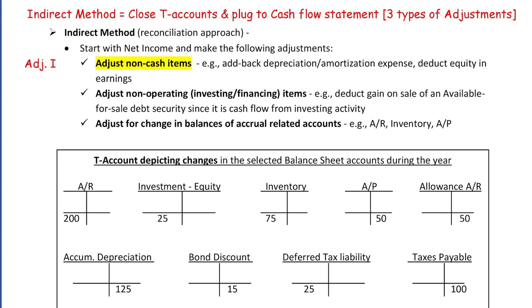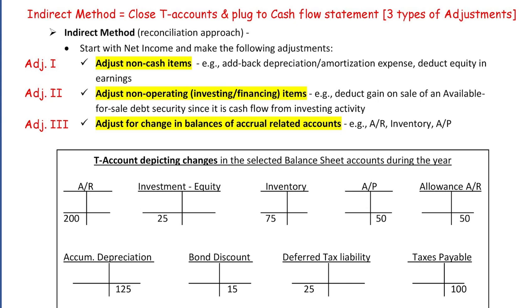So you're looking at depreciation, amortization, equity in earnings. Then you have adjustment number 2 and highlight non-operating items are adjusted. So you're looking at gain from sale of available for sale securities, held to maturity securities. You're looking at gain on sale of PP&E. Third one, adjustment number 3 and highlight changes in the balances of accrual related accounts are adjusted. So you're looking at changes in the balance sheet accounts.